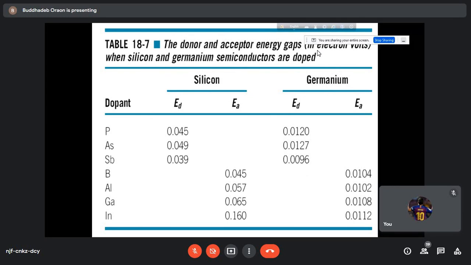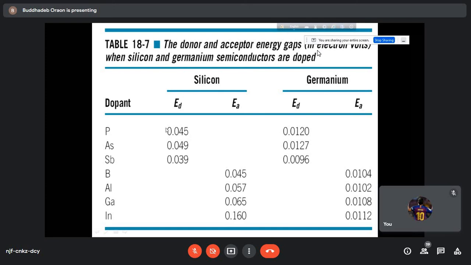There are some typical values of ED and EA for silicon and germanium, and for different dopants. These are some of the values which will give you the ED values, the energy gap. When we are doping with P, we are getting a gap of only 0.044 or 0.045.